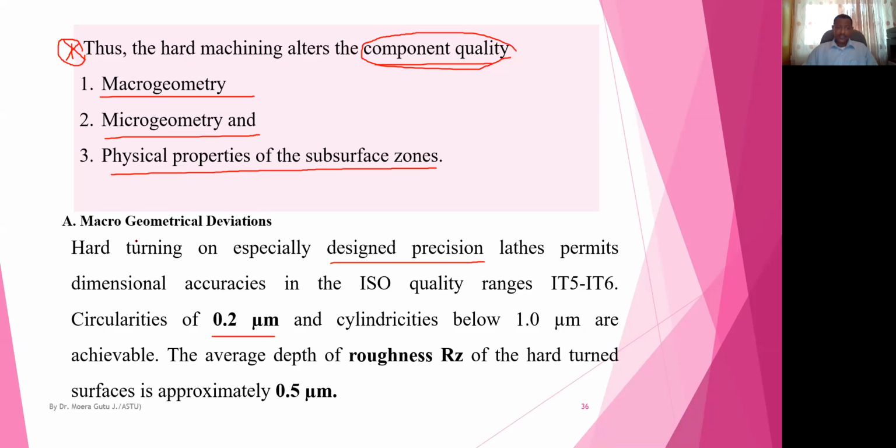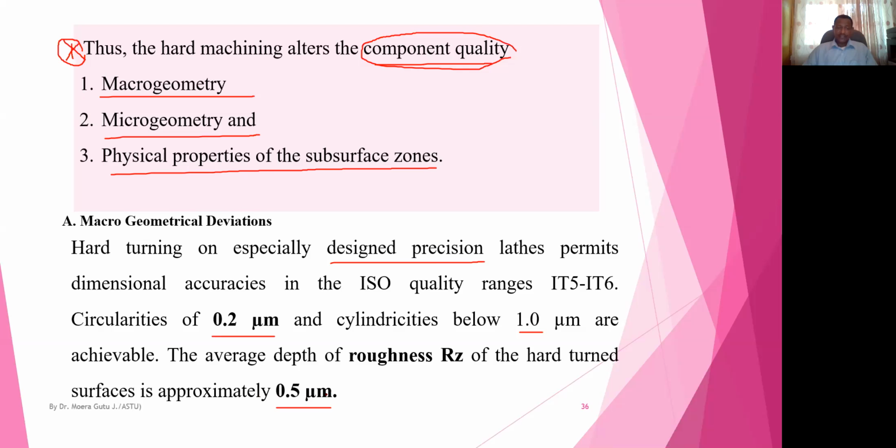This is the microgeometric deviation under international ISO standards. And cylindricity below 1 micrometer is achievable. The average roughness depth reached for a hard turned surface is approximately 0.5 micrometer. I said to you, this is the average. In my earlier presentation, we explained the range of surface finish achievable for turning, drilling, and milling.